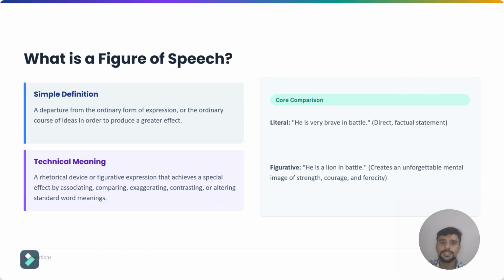From an academic perspective, figures of speech are rhetorical devices that manipulate ordinary language to create a special effect. They can compare, exaggerate, contrast, create sound patterns, create humor, make abstract ideas concrete, and make an audience feel something rather than merely understand something.